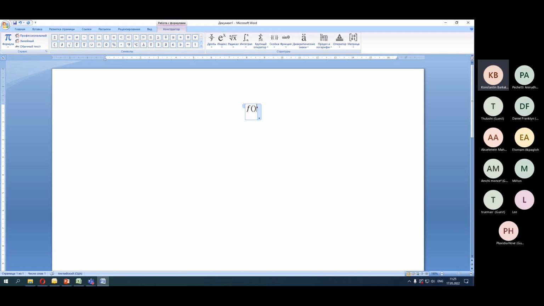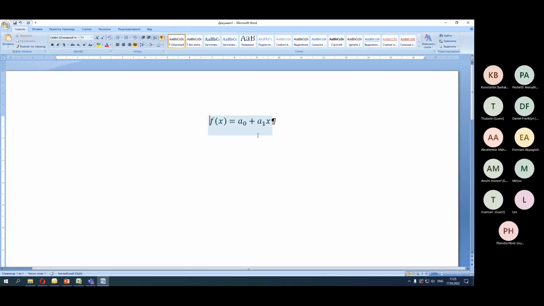If f of x is a linear function, it means that I should fix two coefficients, a0 and a1. This is the equation of a line: f of x equals a0 plus a1 x. And to find a line means to find the coefficients a0 and a1.